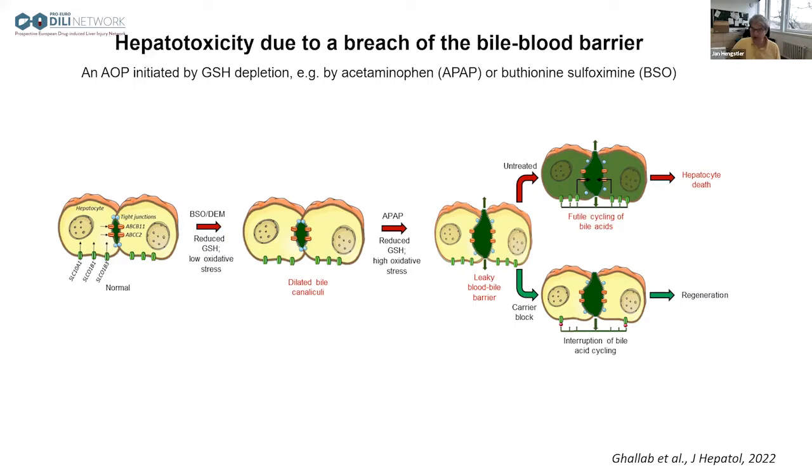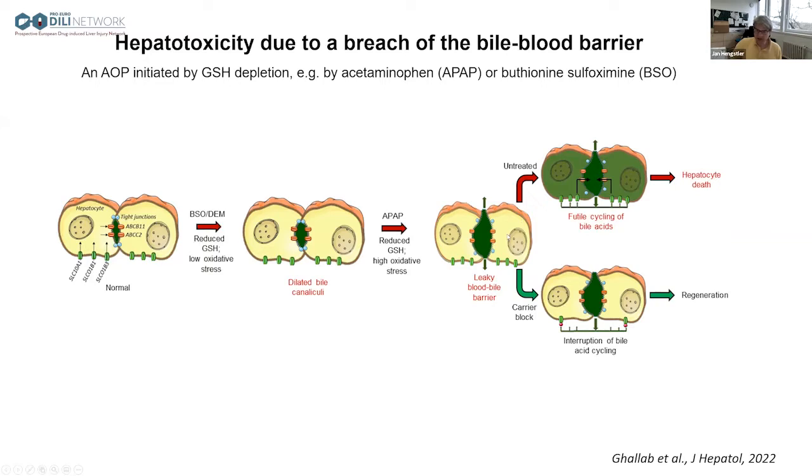And then in the presence of high levels of oxidative stress, which is induced by paracetamol, the bile canaliculus does not only become wider, but it becomes leaky. So the tight junctions, which normally seal the canaliculus, are no longer functional, and it opens to the Disse space, so to the extracellular space.